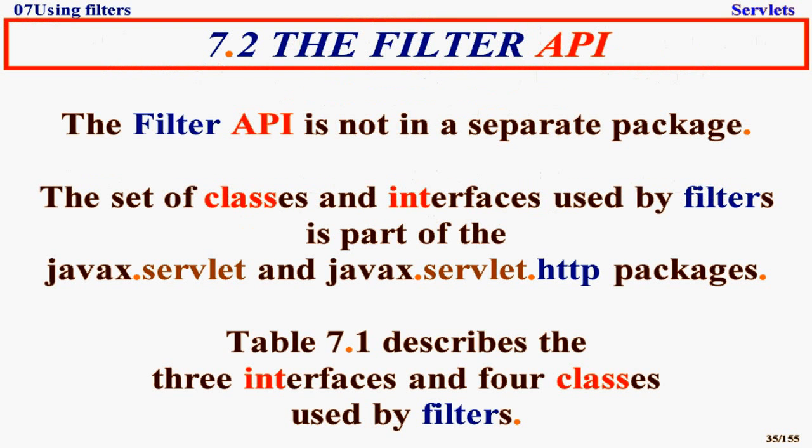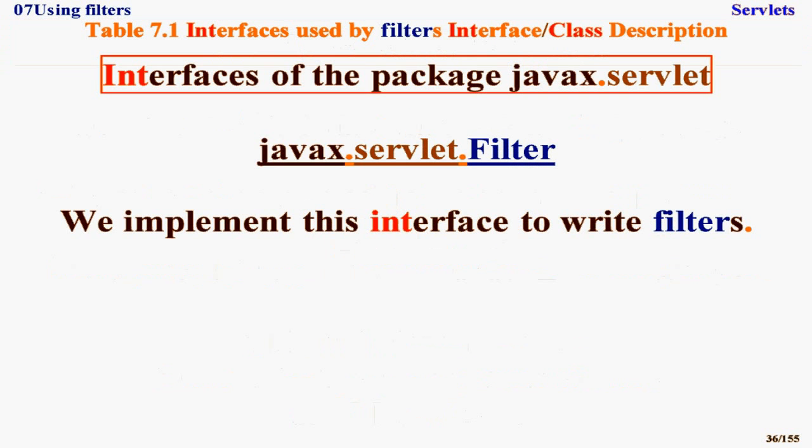7.2 The filter API. The filter API is not in a separate package. The set of classes and interfaces used by filters is part of the javax.servlet and javax.servlet.http packages. Table 7.1 describes the three interfaces and four classes used by filters. Interfaces of the package javax.servlet.